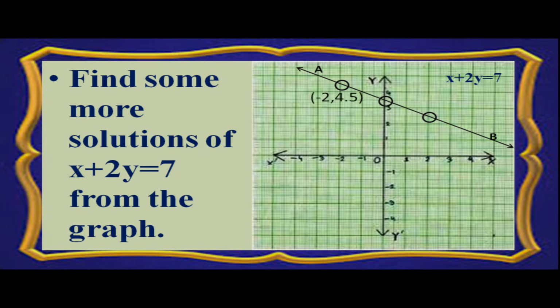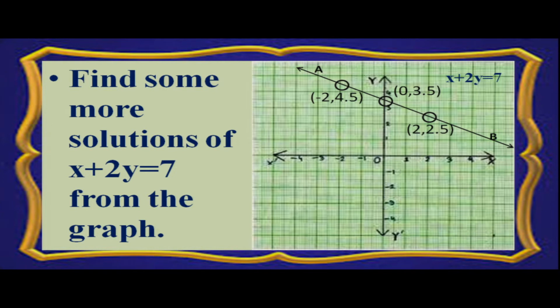The coordinate of this point is minus 2, 4.5. Note it, minus 2, 4.5. And another point is 0, 3.5, where x is 0 and y is 3.5. And the coordinates of the third point is 2, 2.5.